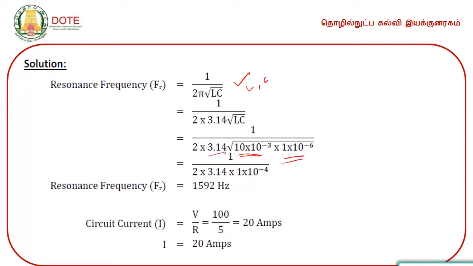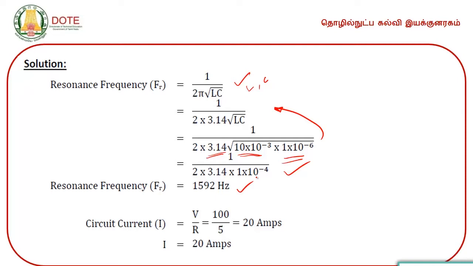Pi value is 3.14. Substituting all the values and simplifying, you get 1592 hertz. So, the resonance frequency is equal to 1592 hertz.